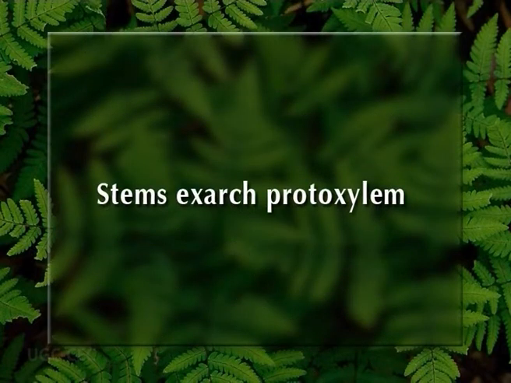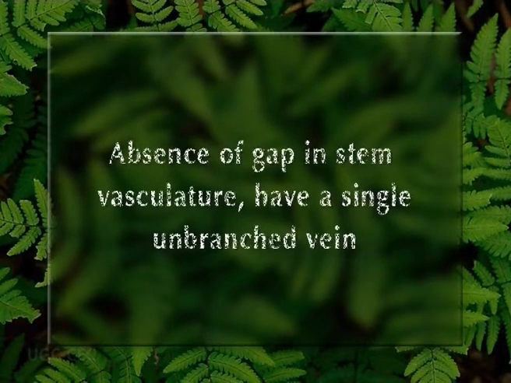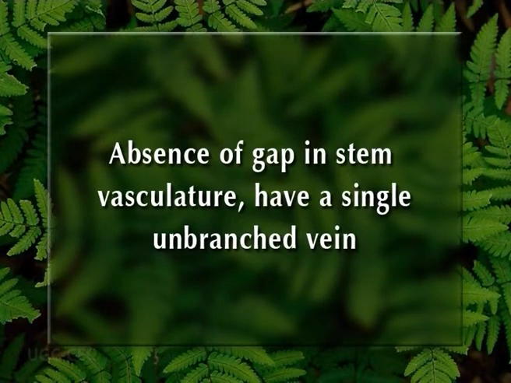The stems have an exarch protoxylem, just the reverse of the roots. Lycophytes have a sporophyte leaf structural type known as lycophyll. These are characterized by absence of a gap in the stem vasculature and have a single unbranched vein.